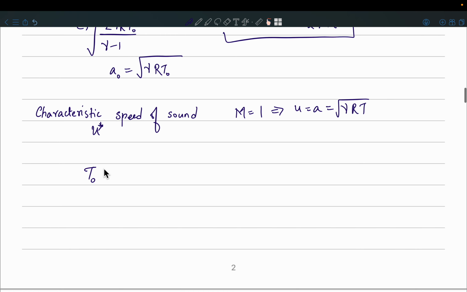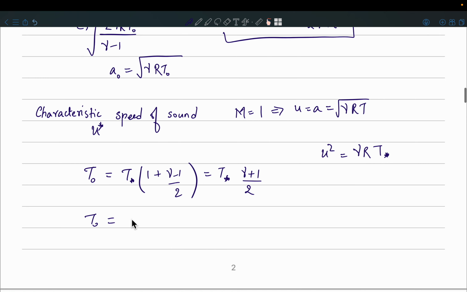So let us say T naught is equal to T, I'll call this T star, when Mach has become 1. So in that formula we will have to put 1 plus gamma minus 1 by 2 into 1 square, right? So this is T star into gamma plus 1 by 2. But what is T star? T star is nothing but u square is equal to gamma r T star, right? So you can just replace this.